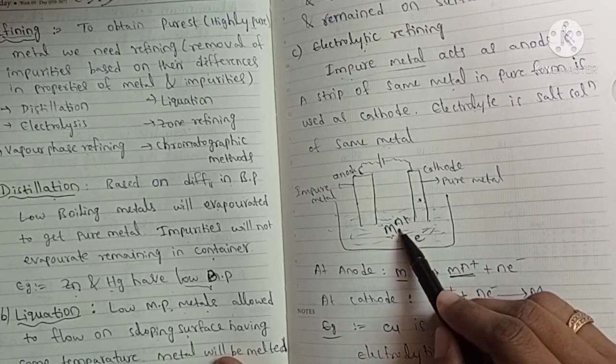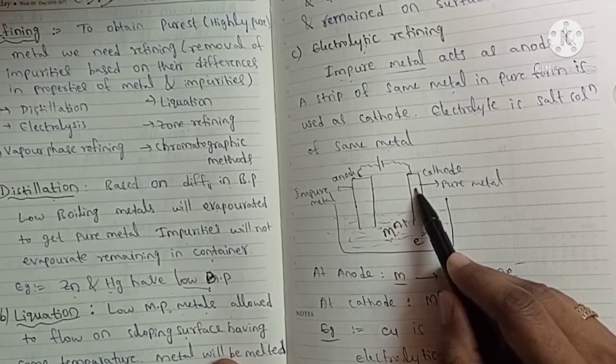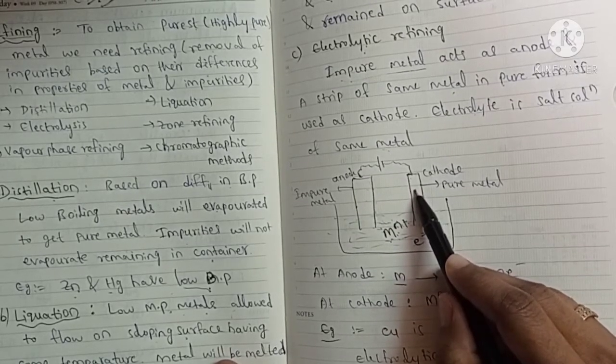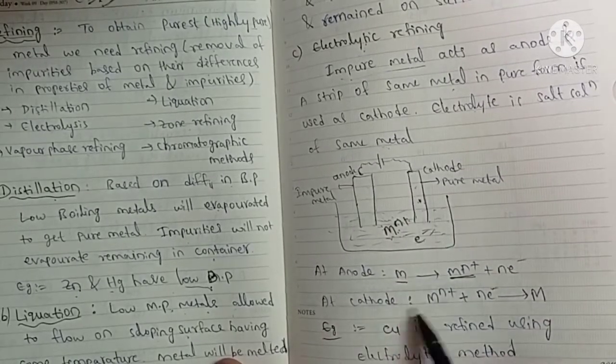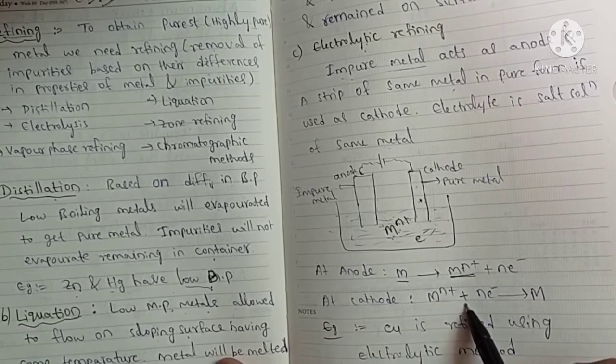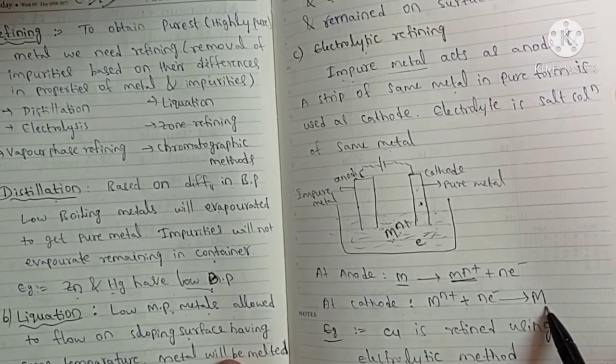These metal cations, having positive charge, will move to the negative electrode, the cathode, and get deposited. At the cathode the reaction is Mn+ taking electrons and getting deposited in solid form.